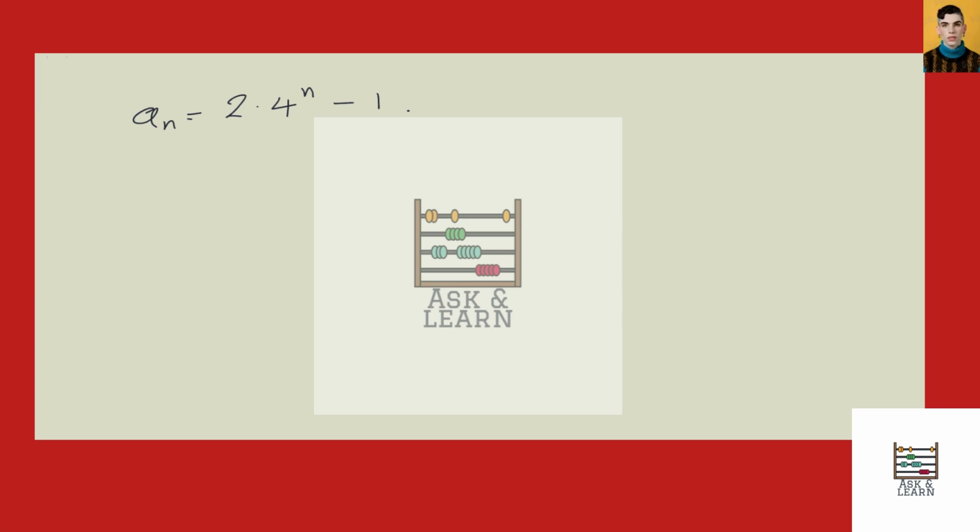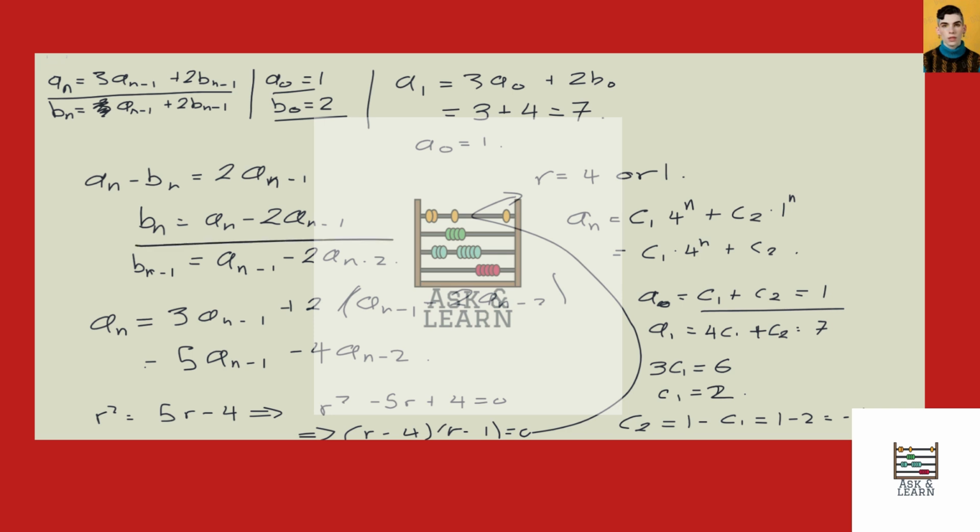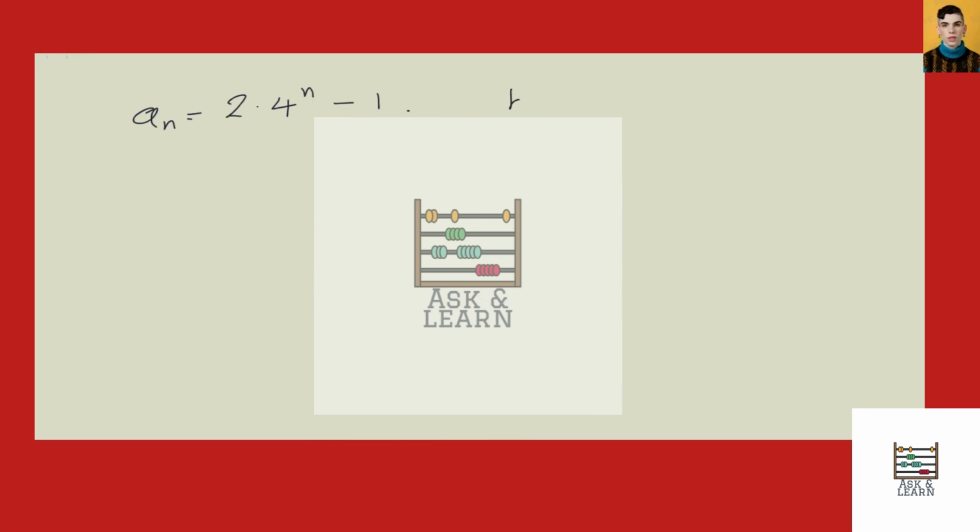What we also know is that b sub n is equal to a sub n minus 2a sub n minus 1. So we just substitute that from this. We have b sub n equal to 2 times 4 to the n minus 1, minus 2 times (2 times 4 to the n minus 1 minus 1).